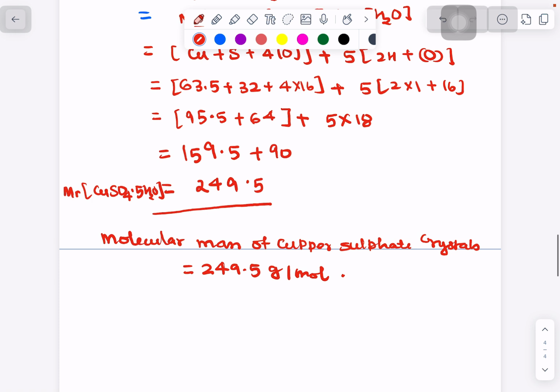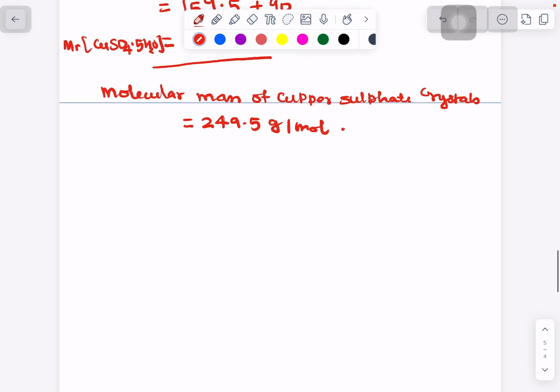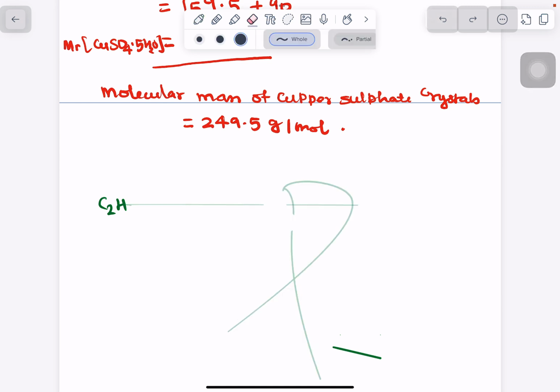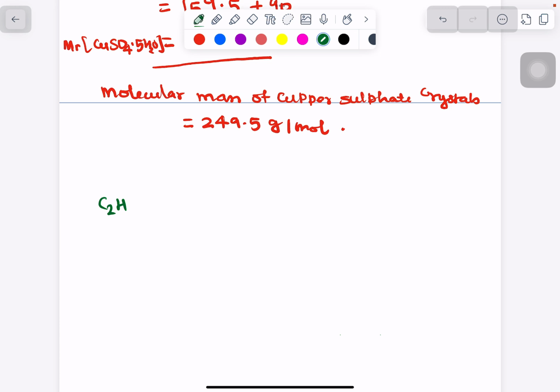Calculating the molecular mass of covalent compounds is very simple. It is tricky when it comes to calculating the molecular mass of double salts or crystalline molecules. The rest is simple. For example, I'll take ethane gas, C2H6.